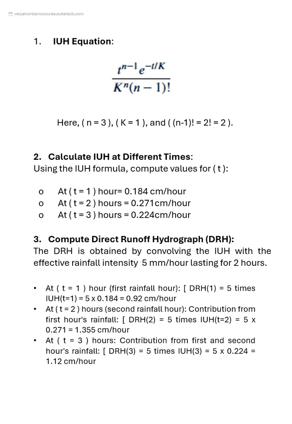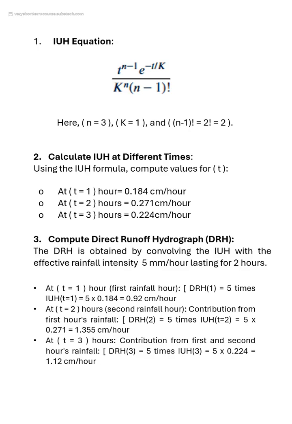For T equal to 1 hour, 5 into 0.184, 0.92. T equal to 2, 5 into 0.271. Why 0.271? Because at T equal to 2 hours, IUH is 0.271 centimeter per hour. At T equal to 3, IUH is 0.224 centimeter per hour.